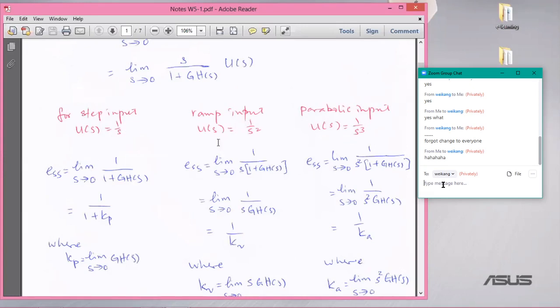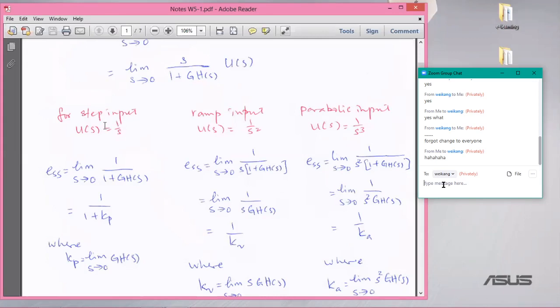For ramp input, which is u of t equal to t, when you take the Laplace transformation, you have 1 over s squared. For parabolic input, U of s is 1 over s cubed. So you see U of s takes a different function when the system is subjected to different types of input.